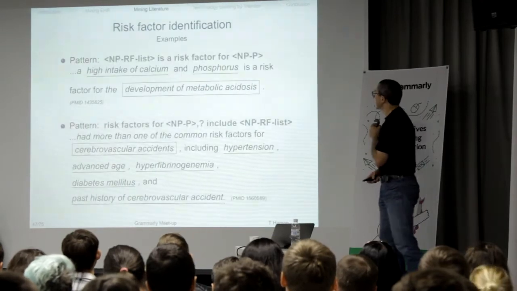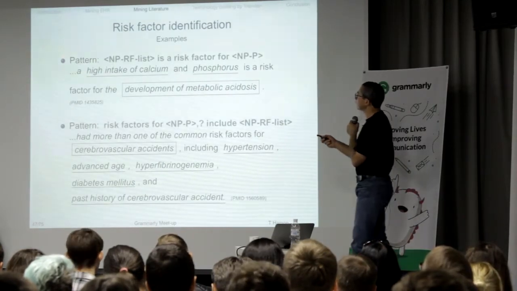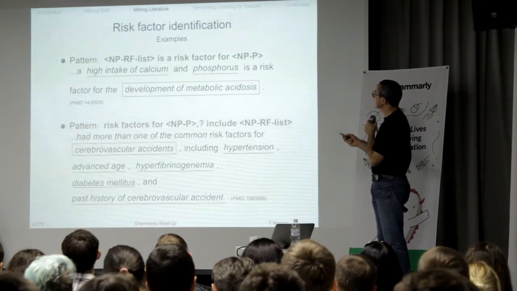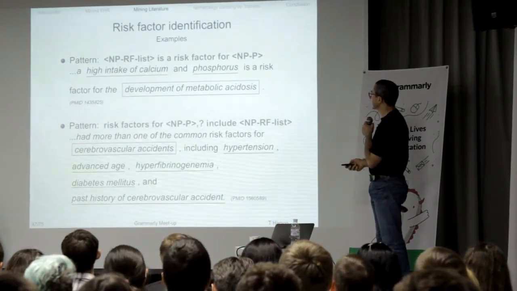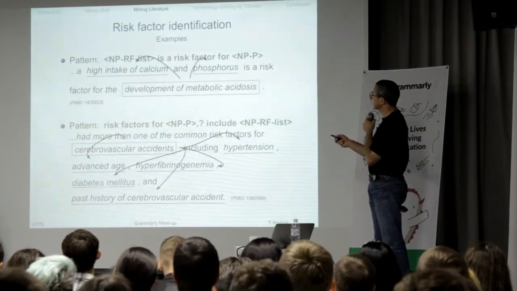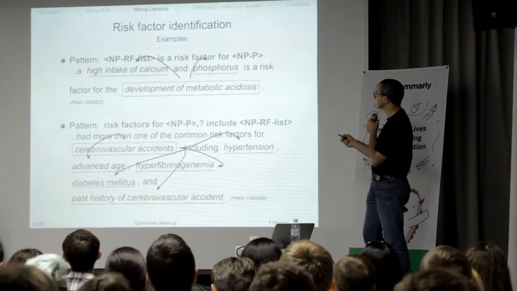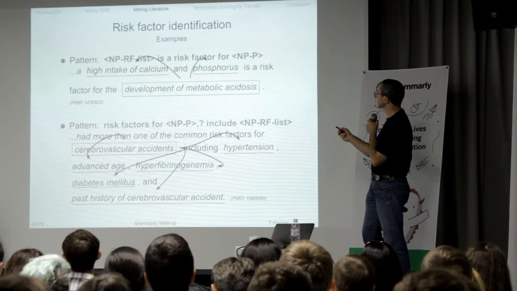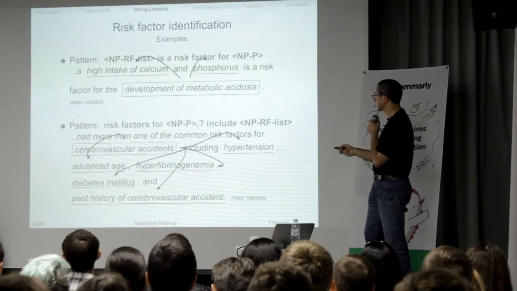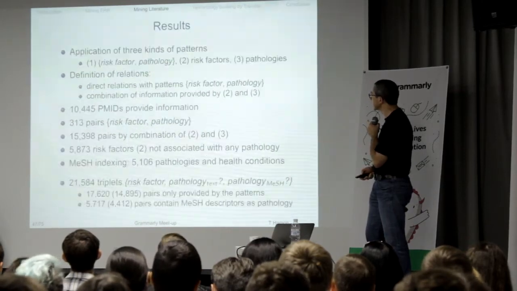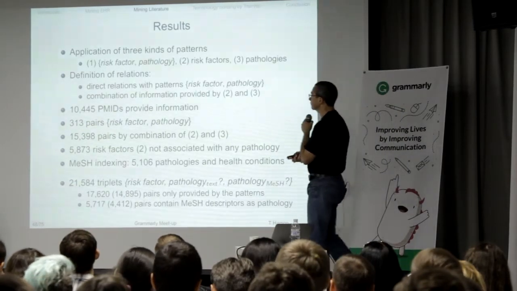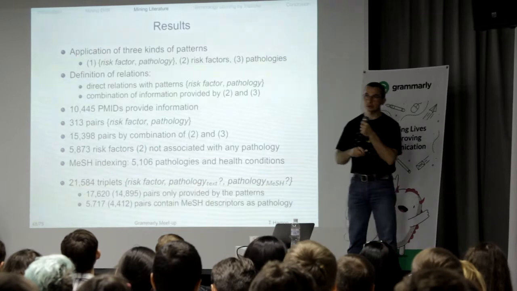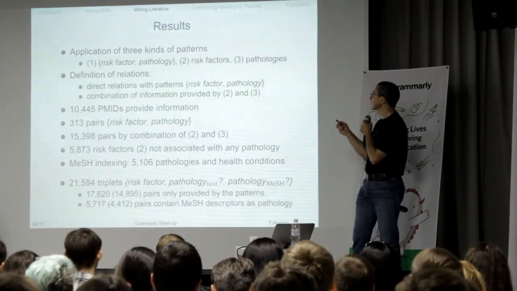Also, for instance, if we apply this pattern on such a sentence, you can identify some relation between this disorder and this risk factor or this risk factor, and so on. So we apply these three kinds of patterns to identify relations, but also to identify risk factors and pathologies.